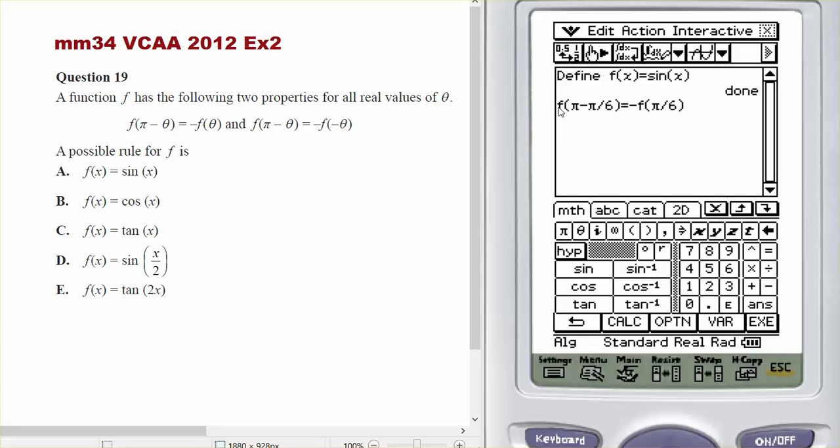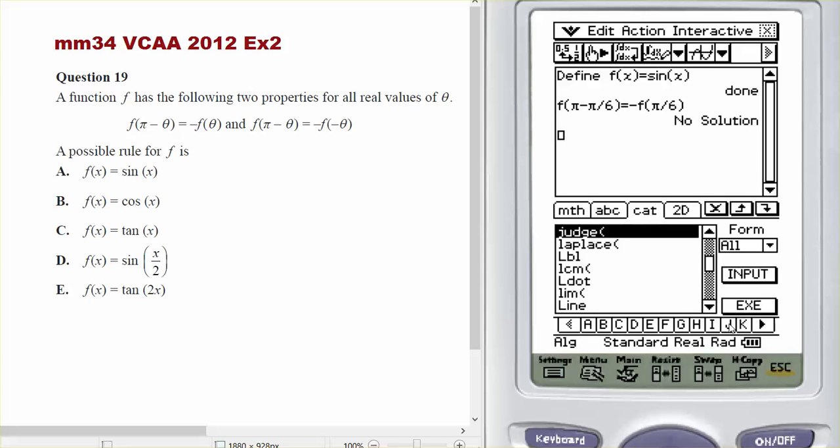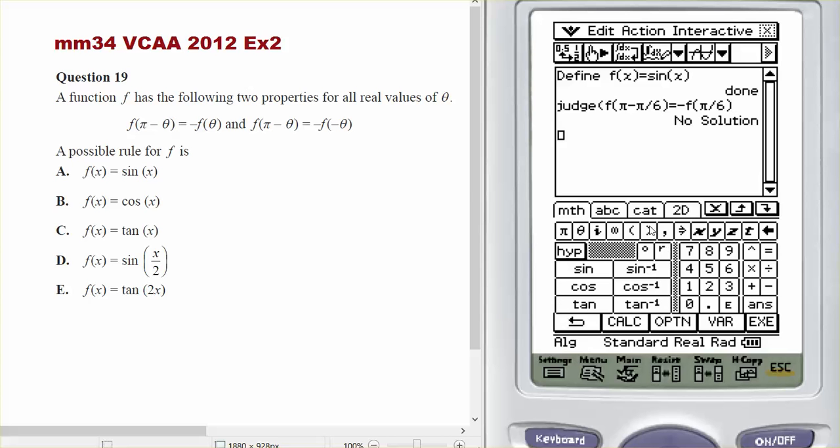To see if that is true or not, if I press enter here, I get no solution. But if I go to catalogue, J for judge, there it is, input, and I close the bracket. When I press execute, it tells me false: for this statement, the sine of x is false.